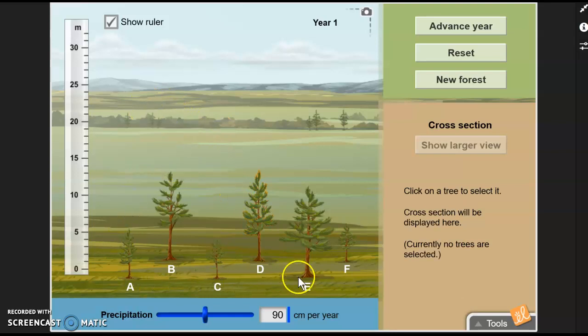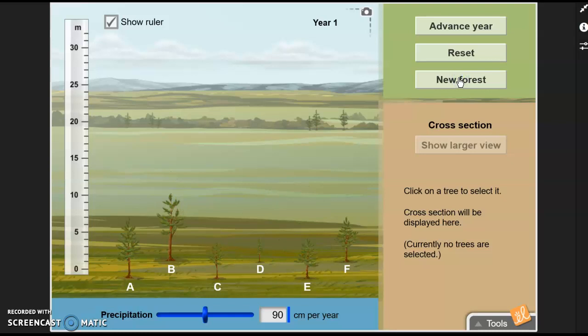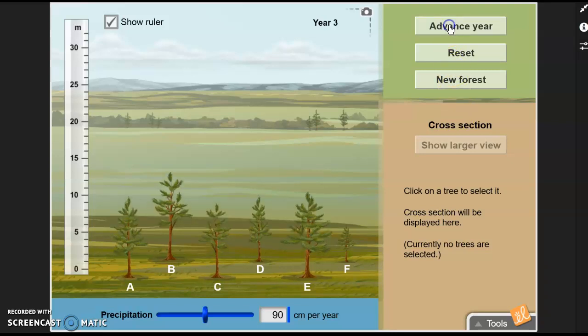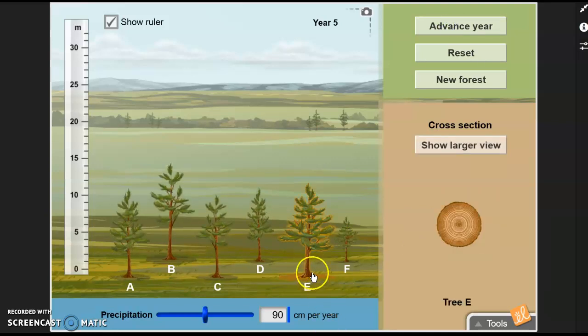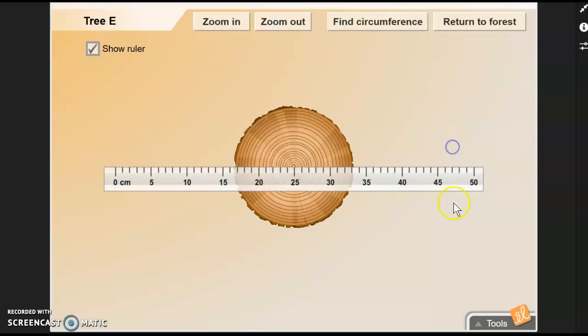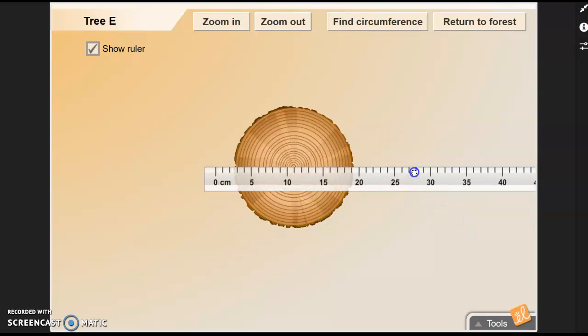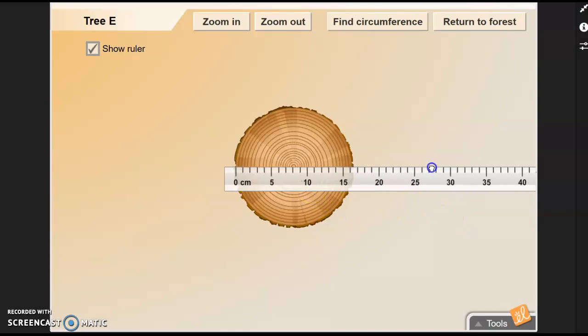So there are a lot of different ways that we can go about trying to explore this forest. We can do the forest as a whole. We can measure tree A, B, C, D, E, and F. We can even create new forests if we want to. We can just give a new selection to try these things out and advance them year by year, or follow just one tree, in which case we're going to see the cross section, look at the larger view of it, and measure the diameter of it.